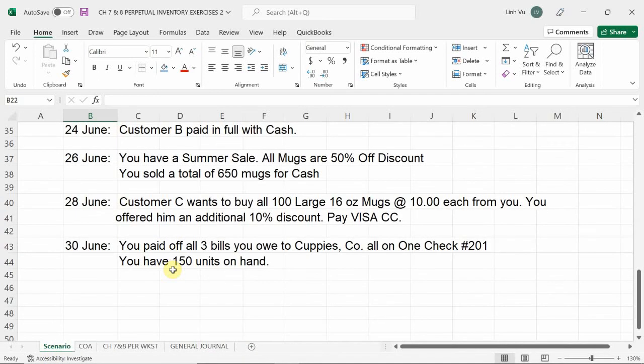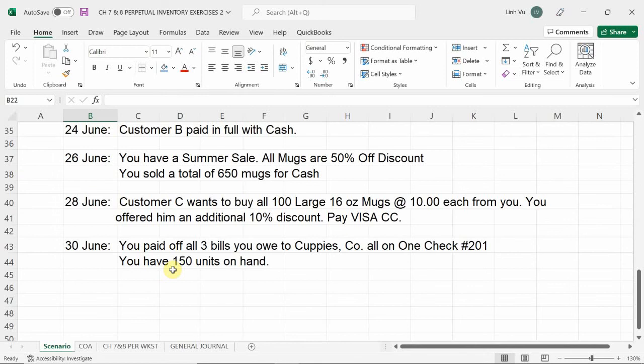Customer C wants to buy all 100 large 16-ounce mugs at $10 each from you. And of course, you offered him an additional 10% discount, and he paid with a Visa credit card. So someone decides to walk into the store and asks, do you have another color or another size?